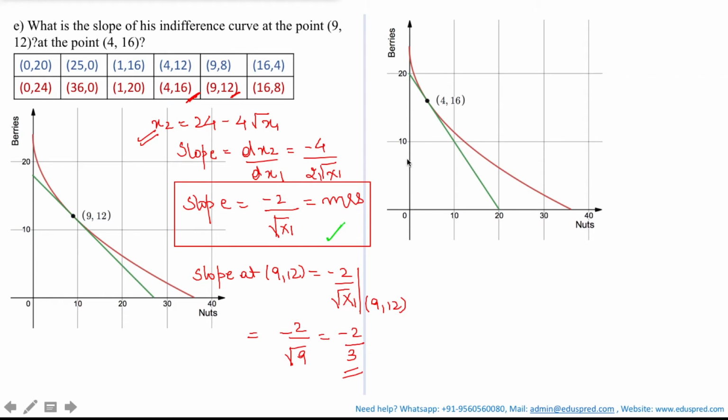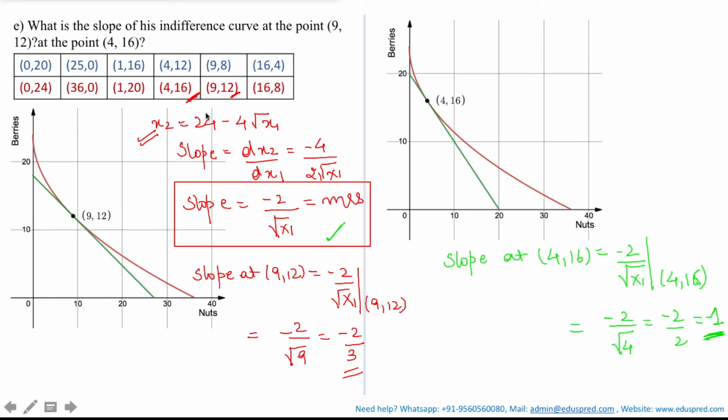So let's evaluate the slope at the point (4, 16). That is evaluating the expression minus 2 divided by square root of x1 at the point (4, 16). Substituting the value of x1 with 4, I have minus 2 divided by square root of 4, which is minus 2 divided by 2, which is equal to minus 1. Thus, the slope of the indifference curve at the point (4, 16) is minus 1.